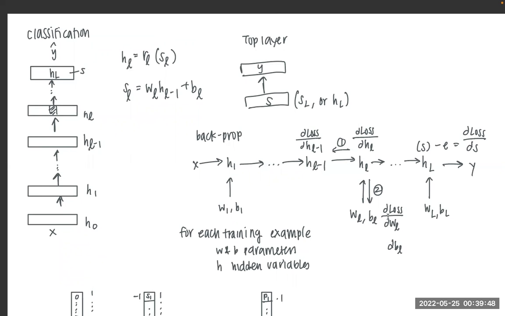We did this in the previous lecture. So for the second homework problem, you need to do both the top layer, the starting point of the backpropagation, and also the recursive formula for the backpropagation. So that's the second problem.